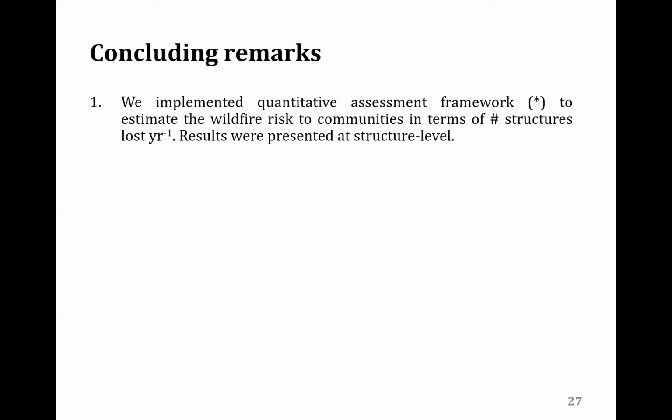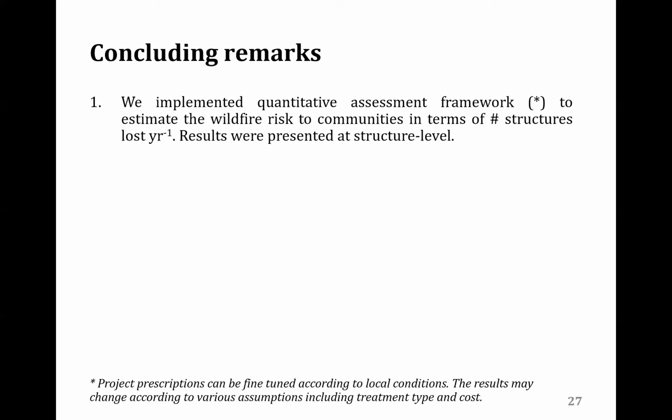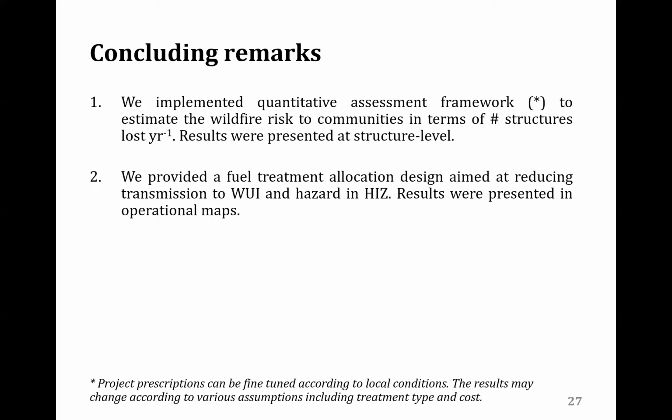This was presented at structure level. We can go to the detail and understand the expected loss for every housing unit. Of course, it will depend on assumptions, and this can be fine-tuned with local conditions if you have more accurate data.